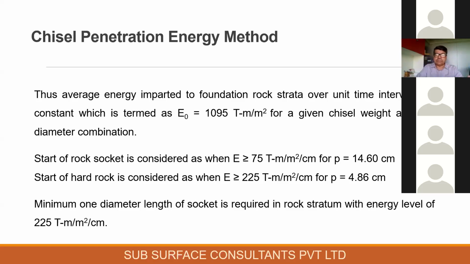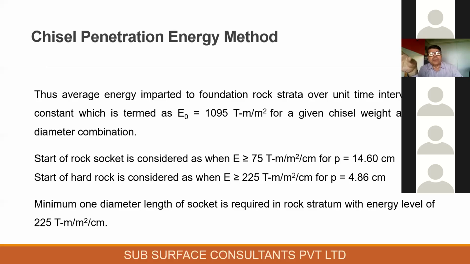And sometimes when the rock is very hard, let us say if I go to Mahalakshmi side or Kulava side, you will get very hard rock. There you find that the 225 energy is reached very immediately, and it goes right up to 500 or 600 also. In that case, a 1 diameter socket is not possible. Then you might have to do with 0.5 times the pile diameter as a sort of, shall we say, via media solution.